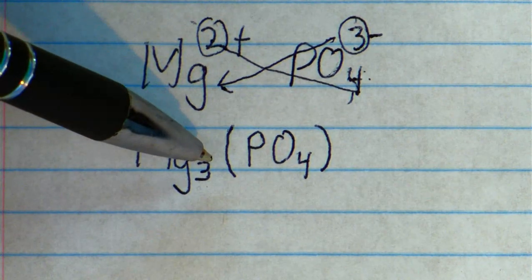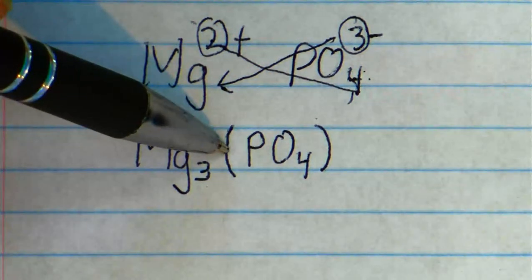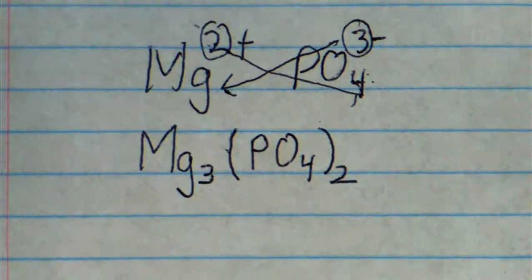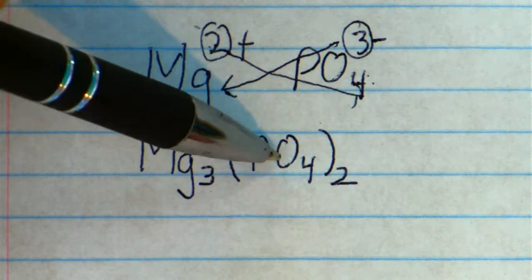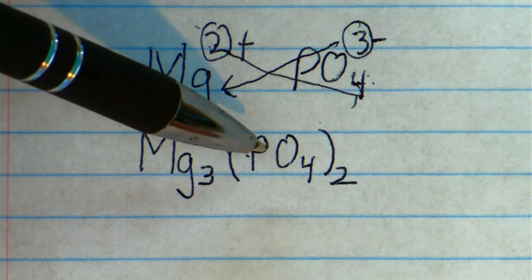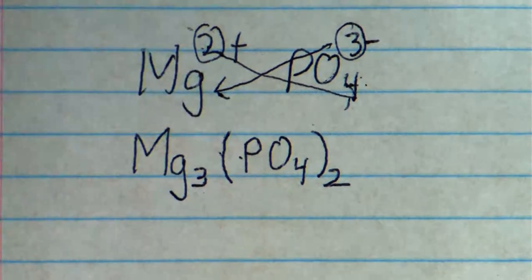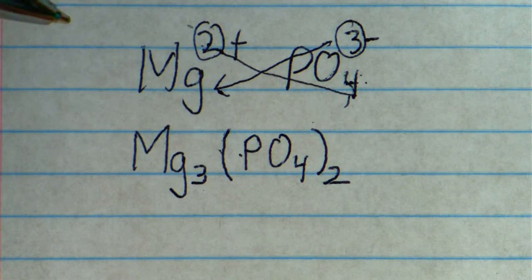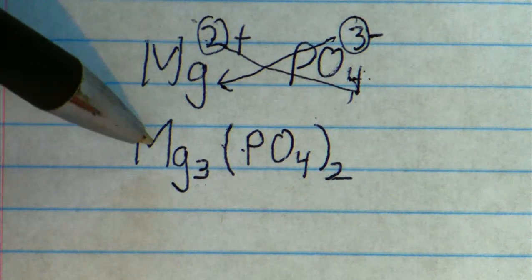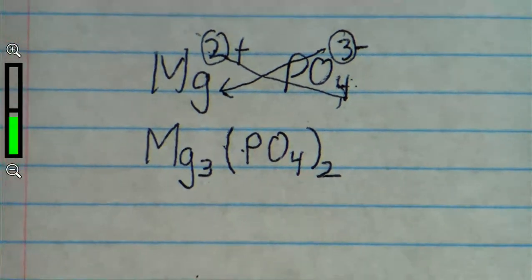And if I need more than one of them, I better put parentheses around it so that when I bring down this 2 by crisscross, you understand I'm not saying I need 1 phosphorus and 8 oxygens. I'm saying I need 2 groups of phosphate. And I would announce that this is magnesium phosphate to say the name of it.